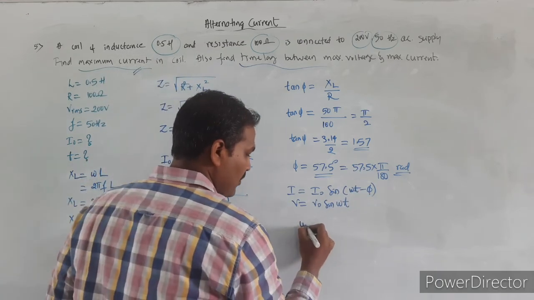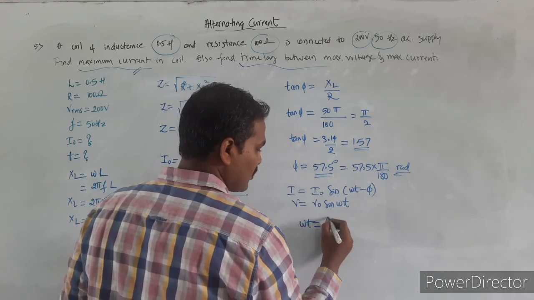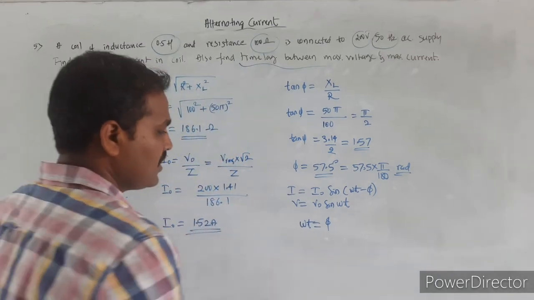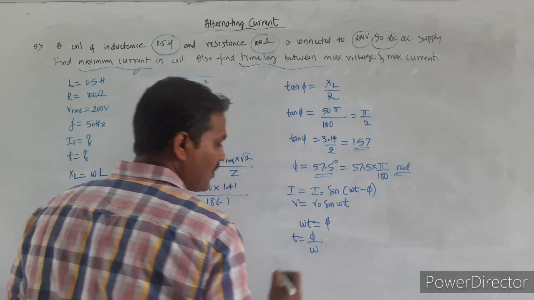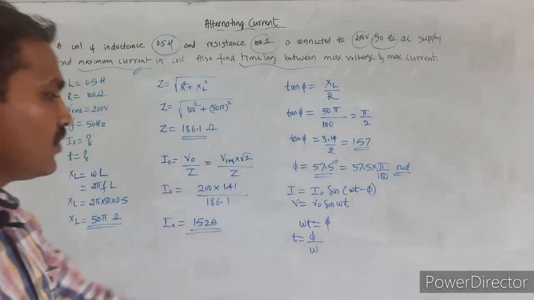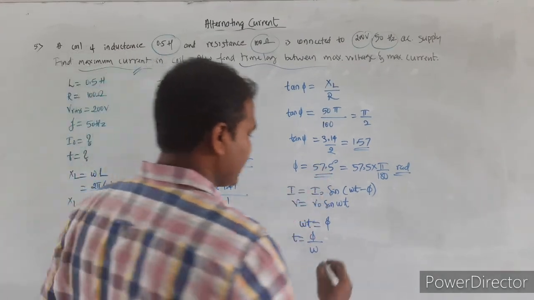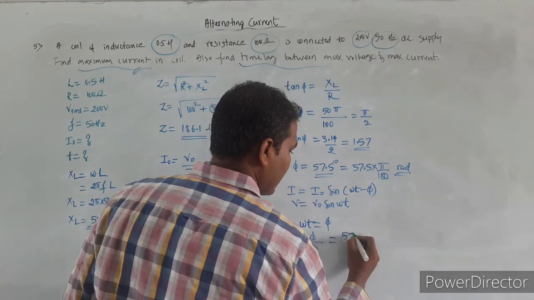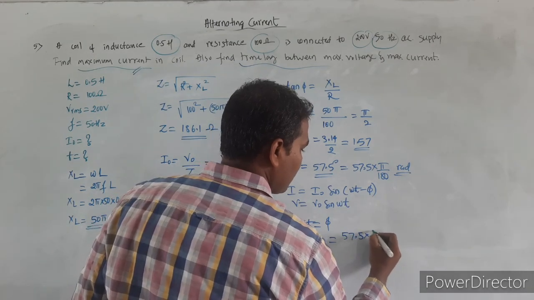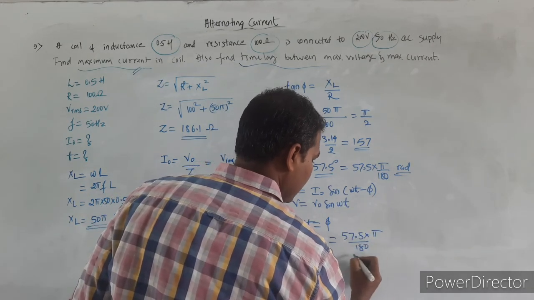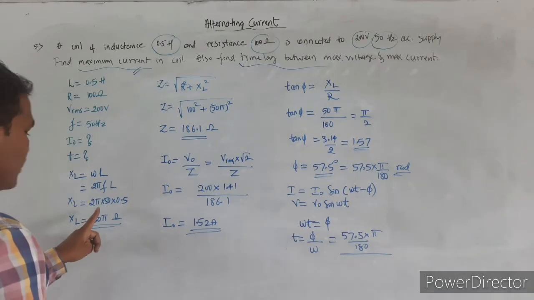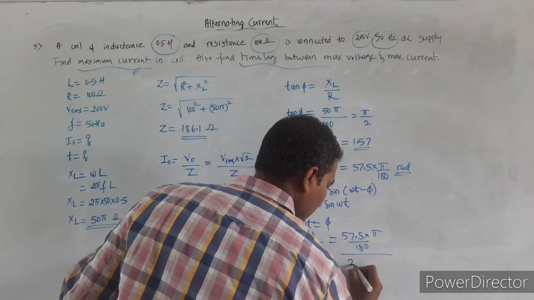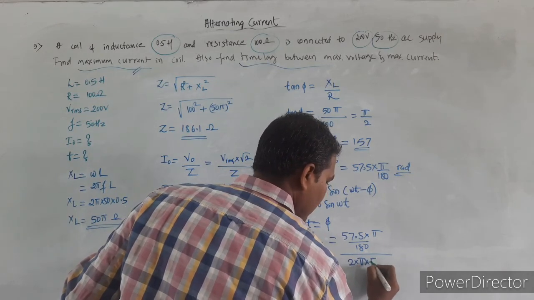So omega t is equal to phi, so t is equal to phi divided by omega. Phi is the phase angle in terms of radians, that is 57.5 into pi divided by 180, whole divided by omega, which is 2 pi f, that is 2 into pi into 50.